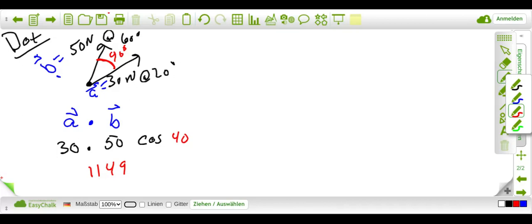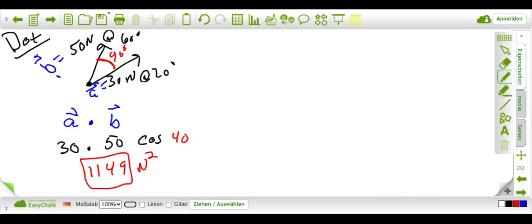In this case, I'm not sure what a Newton times a Newton is. It's a Newton squared, I guess. It's its own unit, but that's irrelevant to the problem. What I care about right now is the magnitude. And then we get 30 times 50 cosine 40, it's 1,149.